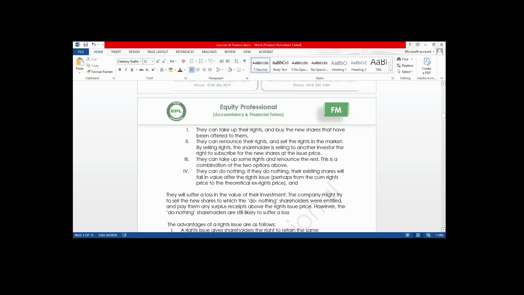By selling the rights, the shareholder is selling to another investor the right to subscribe for the new shares at the issue price.